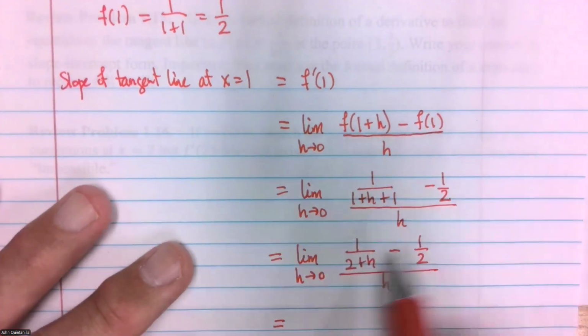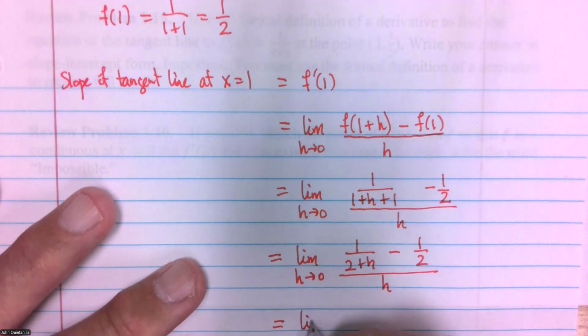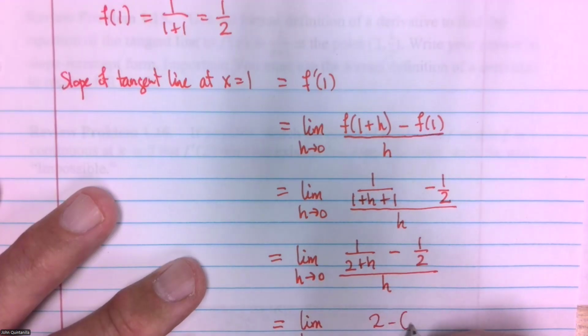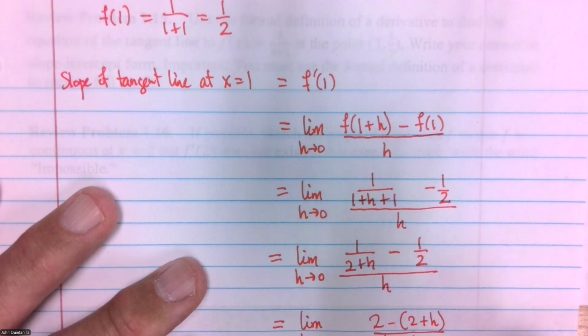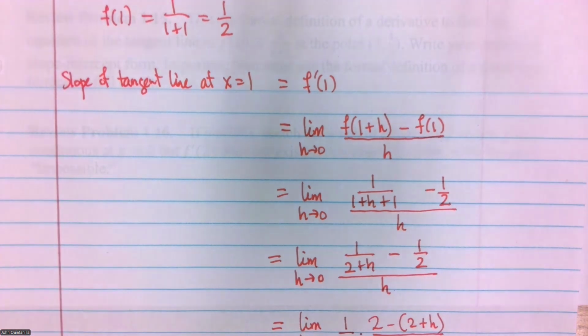And so we've got fractions inside of fractions, and so we get a common denominator on top. So on the top, we would have 2 minus 2 plus h all over 2 plus h times 2. And then this h becomes a 1 over h that I can multiply in front.